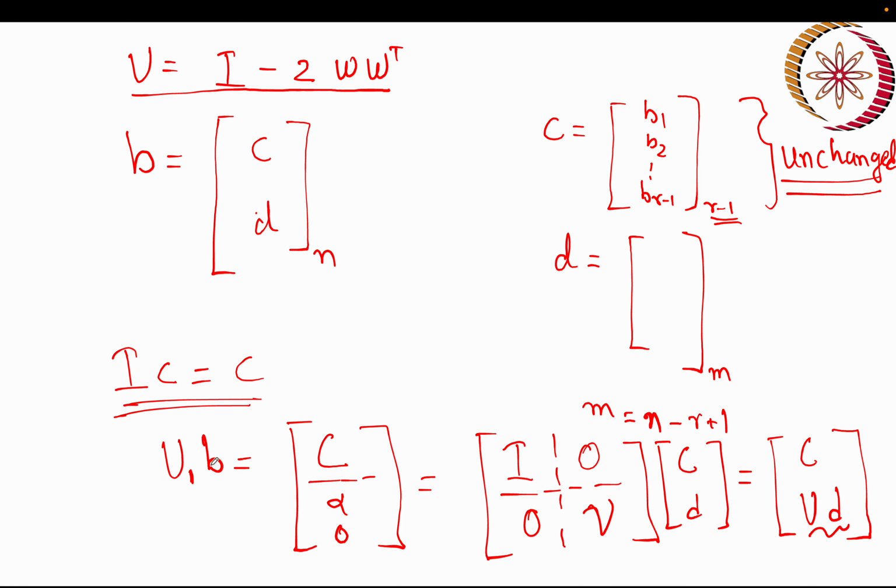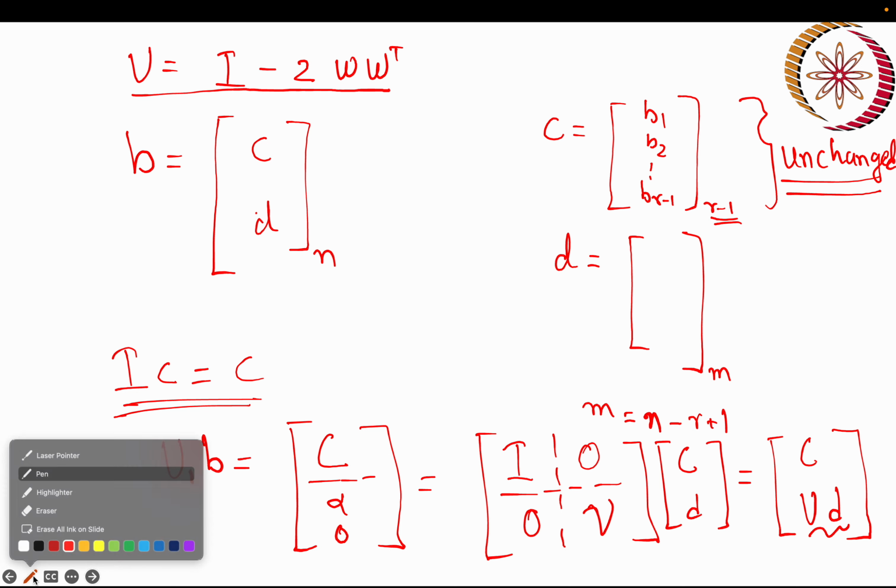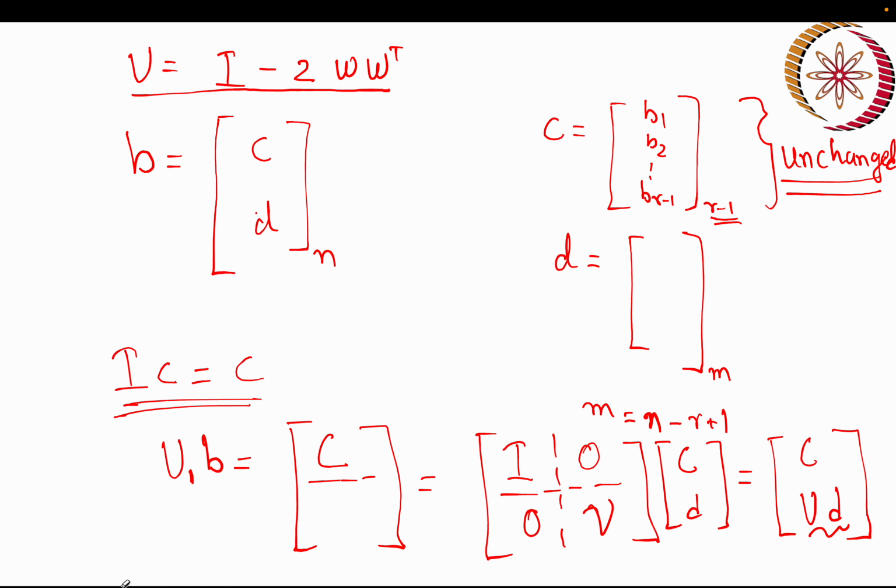So b, if we apply, in this case I will change this part. D is nothing but b r to b n. Okay, so this is D. So if we apply this, UD we want to be alpha 0 0 0.